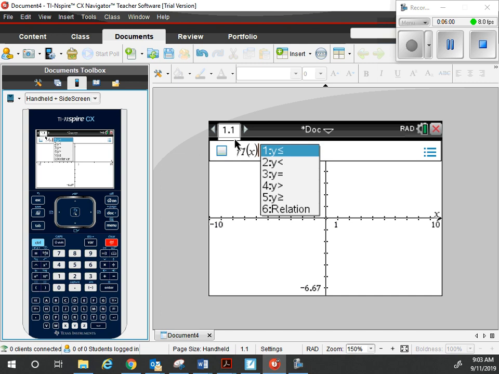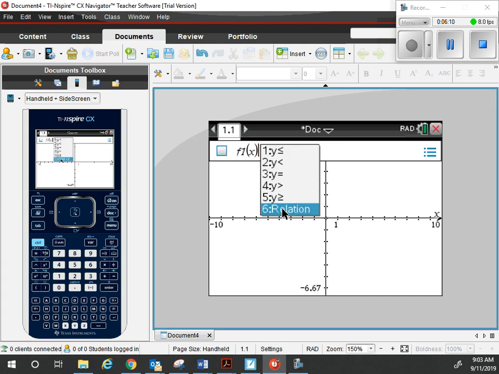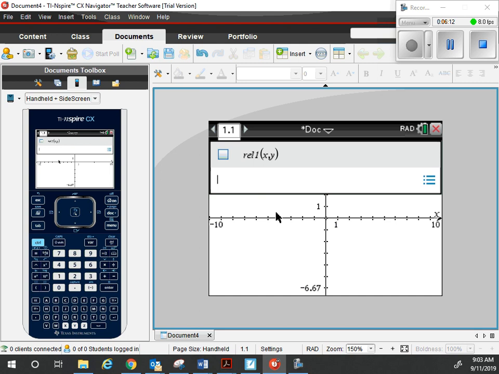Delete f1(x). Just delete it. Does everybody see this drop down? Yeah. Okay, you're going to choose relation. And it shows you a relation between x and y. What are the variables in the equation for number 15? X and y. So you're going to graph a relation between x and y.